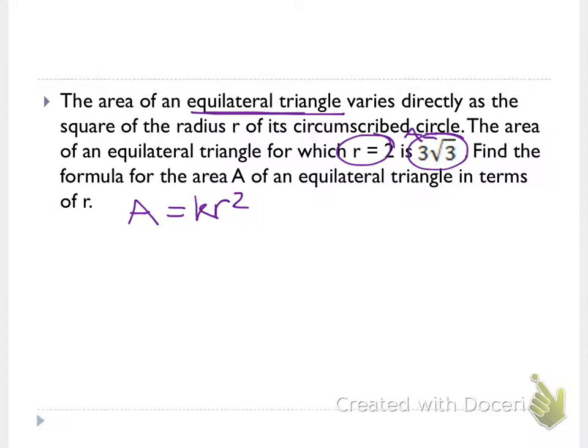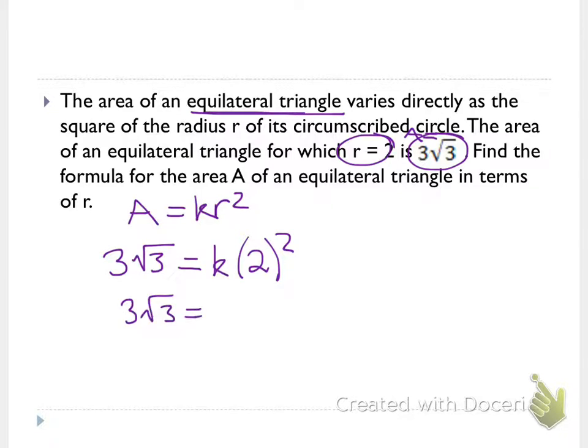So we want to find k. We always want to find k. And then we want to plug it back in, because it says find the formula for the area A of an equilateral triangle in terms of r. So we have 3 root 3 equals k. And we know r is 2, and it's squared. So 3 root 3 equals 4k, because 2 squared is 4.